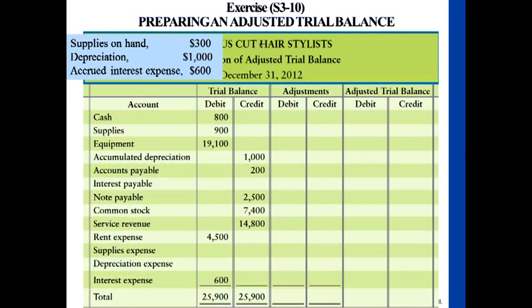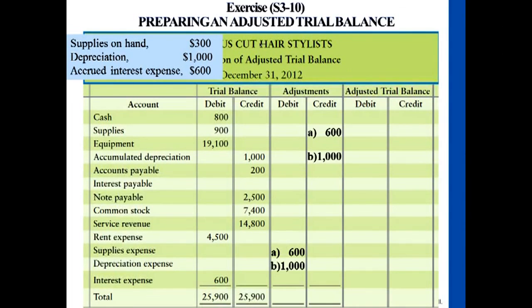So you have to trace back what is the part that we have to use up. Earlier the questions already tell you what is the part that we use up. Now this problem here, the question gives you the supplies that you have on hand and try to figure out what's the part that you use up. So if there's the $600 that you use up, then you reduce supplies by $600 and debit supplies expense.